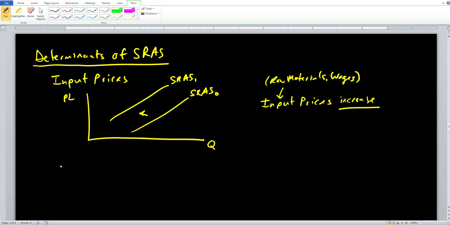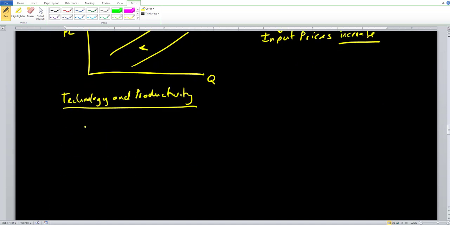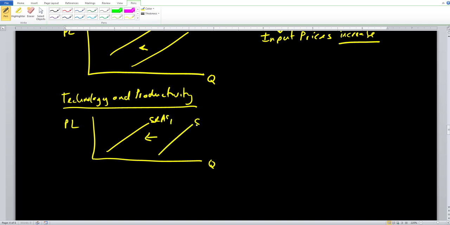The second determinant is going to be combining technology and productivity. So here, number one, we have input prices. Number two, we have technology and productivity. And as before, we want to see exactly how we're going to be shifting this over to the left. So price level, quantity, this is SRAS1, and then our benchmark, SRAS0.